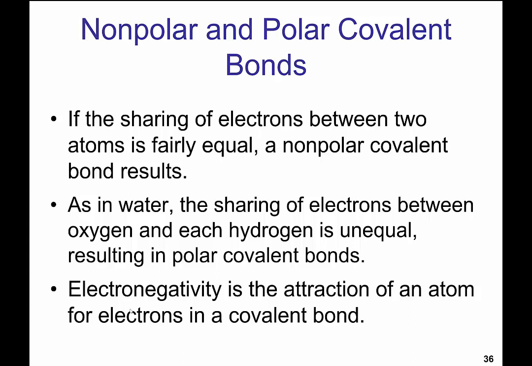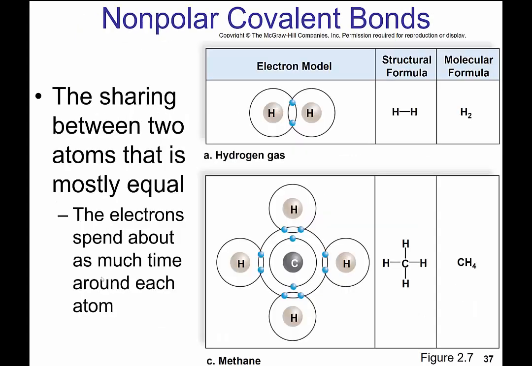Electronegativity is the attraction of an atom for electrons in a covalent bond. Some atoms are naturally more electronegative than others, and so electrons end up spending a greater amount of time around those atoms. I'll show you. So nonpolar covalent bonds, we've got a fairly equal sharing of electrons.